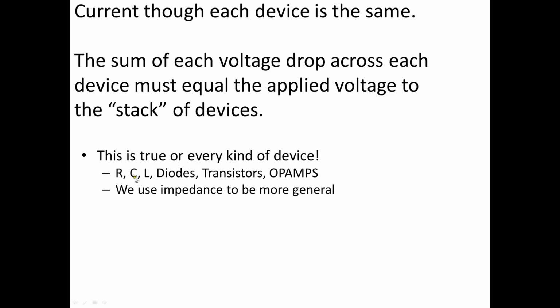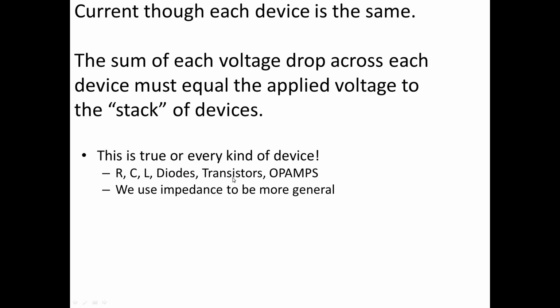Now granted, capacitances are open circuit at DC, and inductors are effectively a short circuit at DC, and so these become important with frequency. It's true that diodes are nonlinear, where voltage does not equal IR, but we can find small regions where it does.